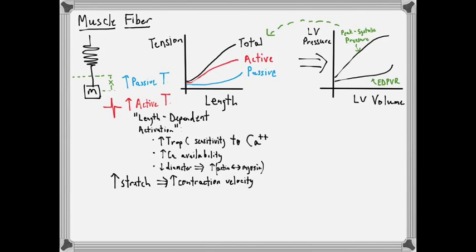So one more time, if we have an end diastolic volume that corresponds to an end diastolic pressure here, that means that we are able to produce a peak systolic pressure at this point. If we have an end diastolic pressure that's from an end diastolic volume over here, we will see that that corresponds to a peak systolic pressure over here.